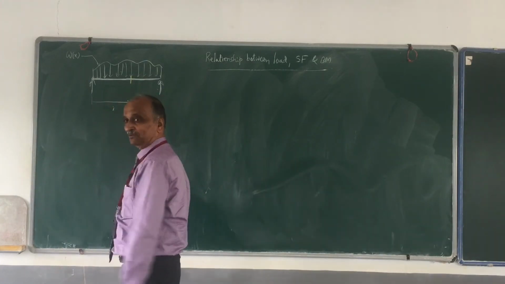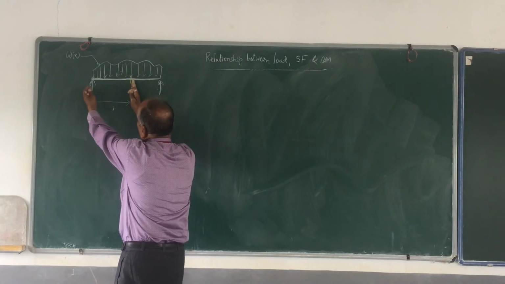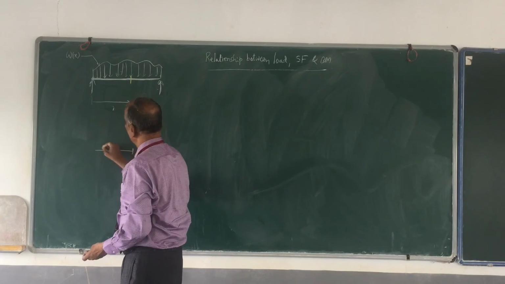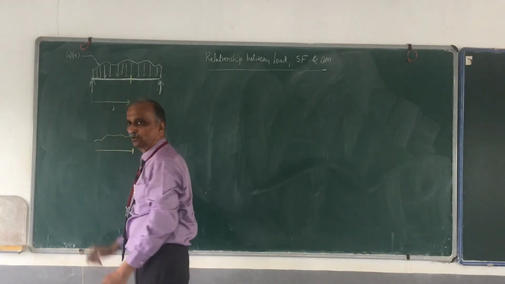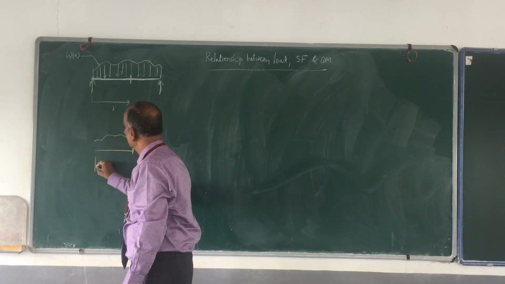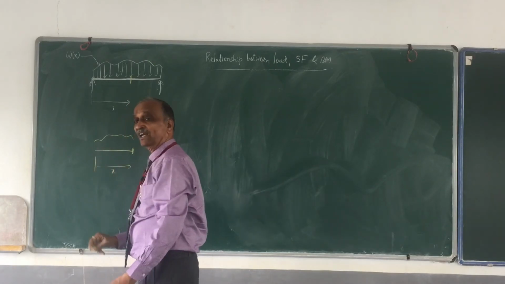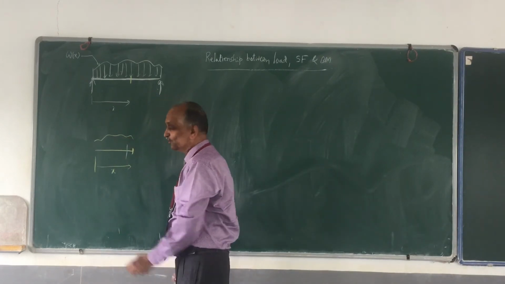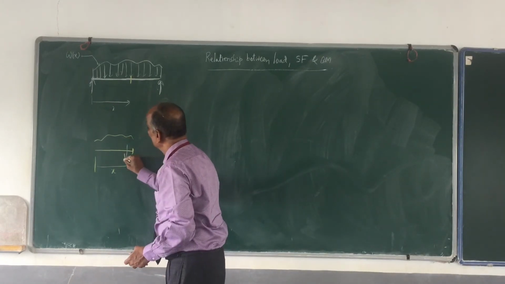Okay, I am not happy. So probably I shall take the left hand side portion only. This is where the section is, and this is where the load is. This is at a distance X. And now I am going to cut one more section. This is the portion of the beam I intend to analyze.